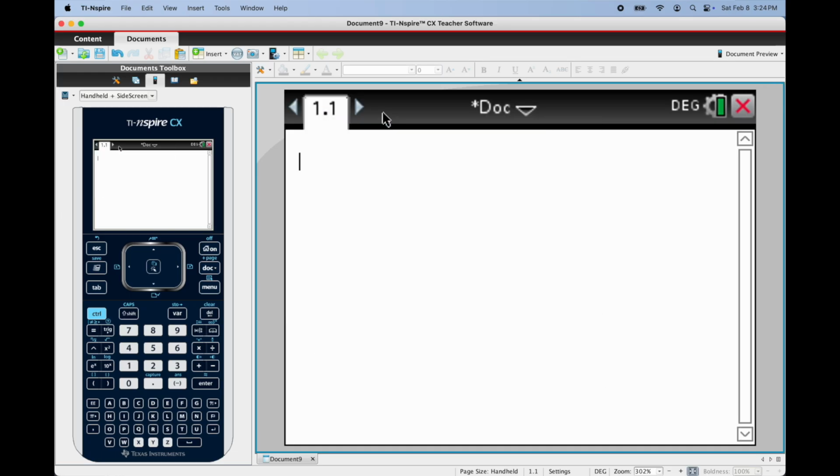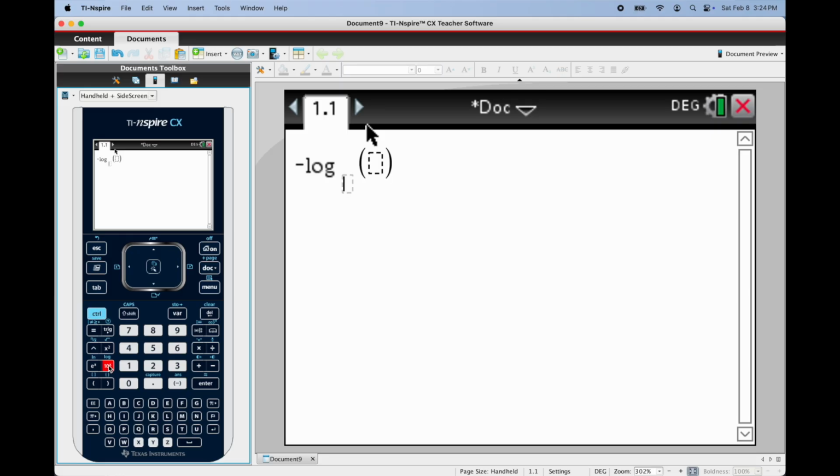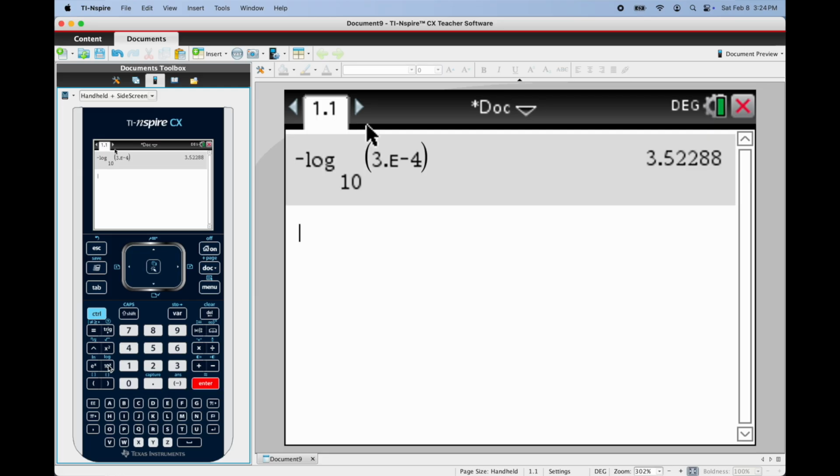So let's go and write negative. Our log button is right here, so we'll need to go control log base 10, and we want to write 0.0003. And that is the pH, so 3.5228.